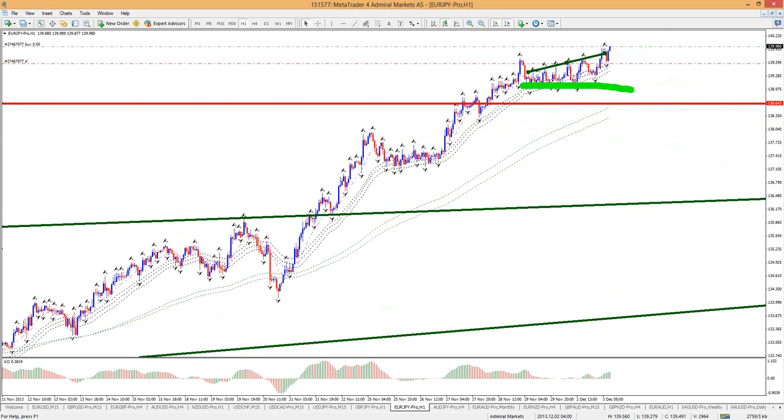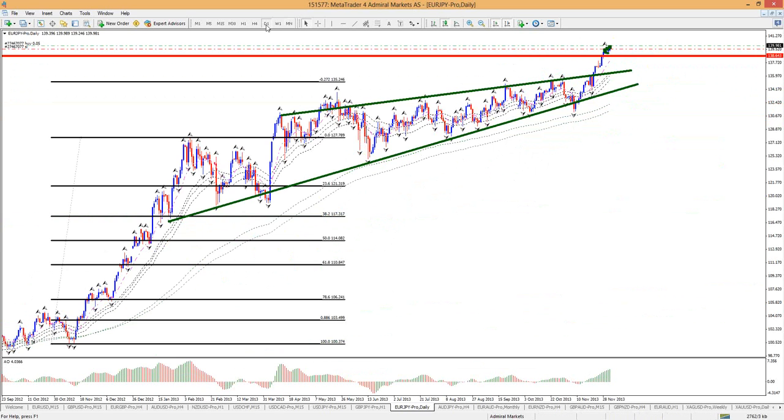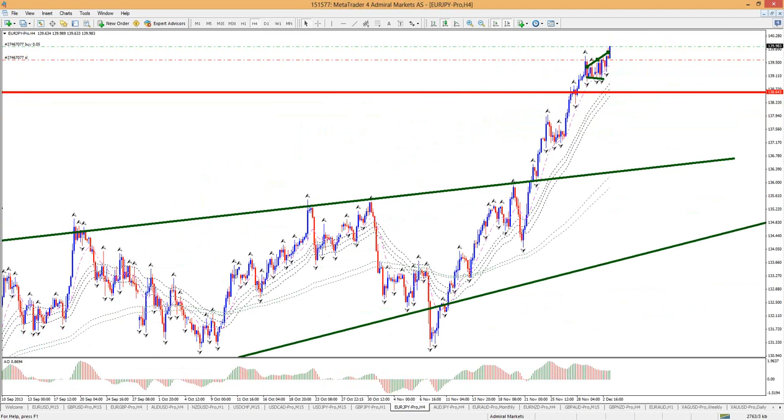A level like here has that tendency to become support. A level like this, or this top right in here, or this bottom, if it can get that low.